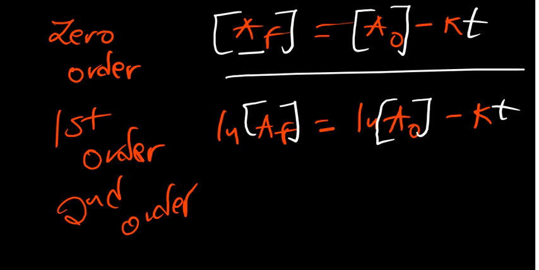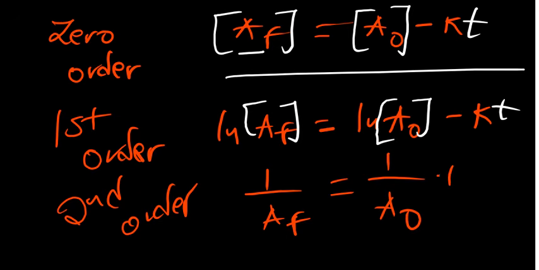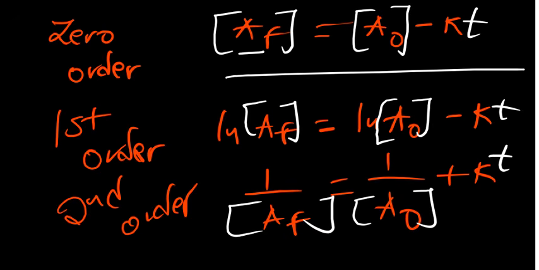So it's 1 over the final concentration equals 1 over the initial concentration, plus kt, here the gradient is positive. So these are the three major equations that you should understand.